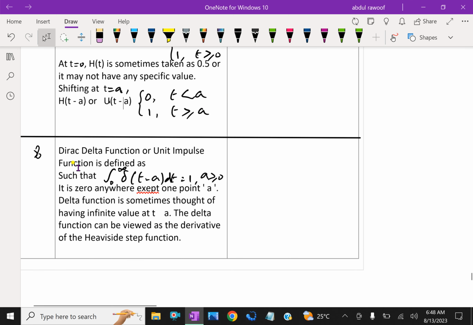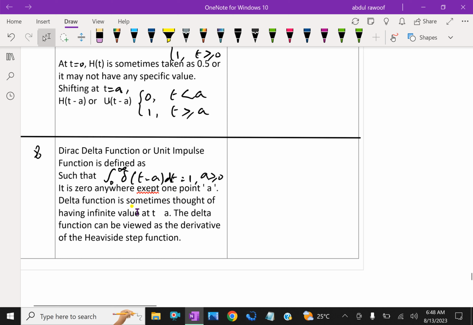Eighth one, the Dirac delta function or unit impulse function is defined such that integral 0 to infinity delta of t minus a dt equals 1 when a is greater than or equal to 0. It is 0 anywhere except at the one point a.